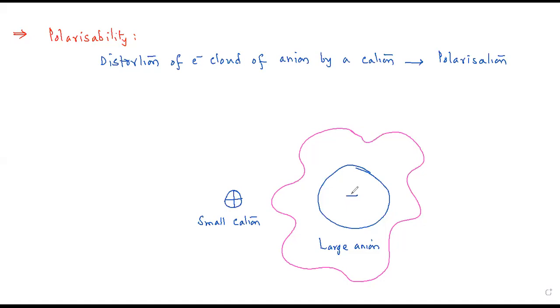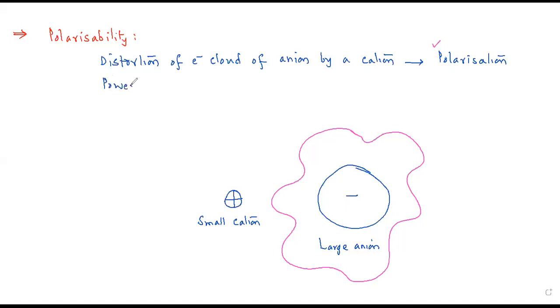So it can just disturb or distort the electron cloud. So this is the distorted electron cloud of the anion. So a small cation can distort a large anion to a greater extent. This is what I call polarization, right?